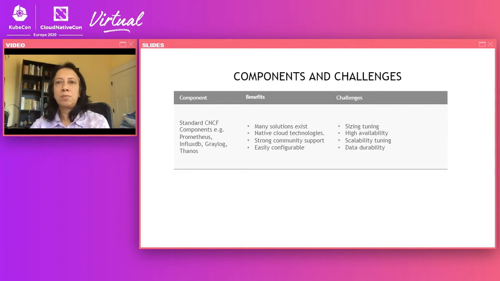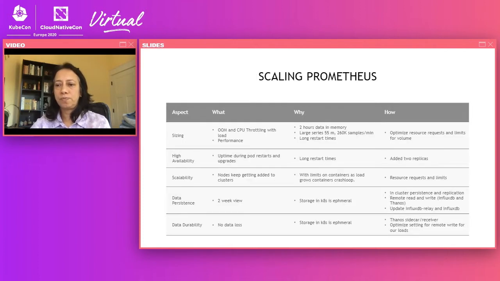The community has many references for the integrations, and we were able to leverage this. We took a lot of the best practices and adapted them for our loads. We had to tune for size, high availability, scalability, and data durability. Not only did we have to optimize the configurations, but we needed to get a good understanding of how to adapt them as the clusters grew.